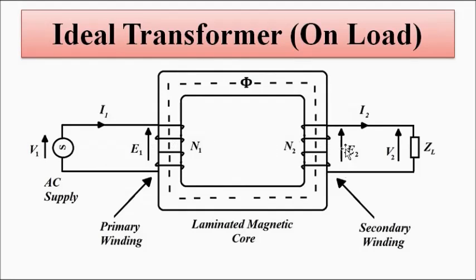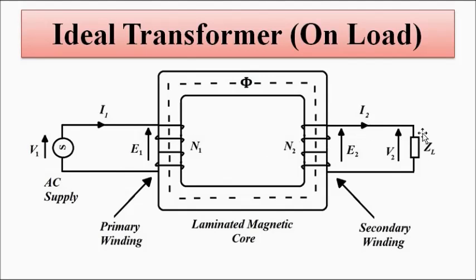The opposing flux is generated by the magnetomotive force. So the nature of I1 is such that the magnetomotive force generated across the primary exactly neutralizes or counterbalances the secondary MMF. So you got the point here.